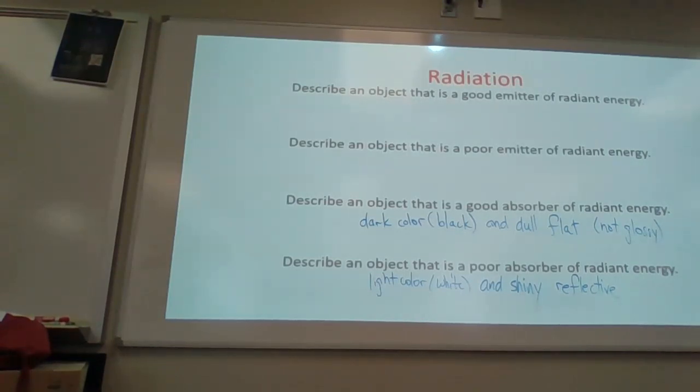A poor absorber is a good reflector. The classic example of this would be wearing a dark colored t-shirt versus a light colored t-shirt on a hot sunny day. Black's going to be absorbing more. The white is going to be reflecting more. It's a poor absorber.